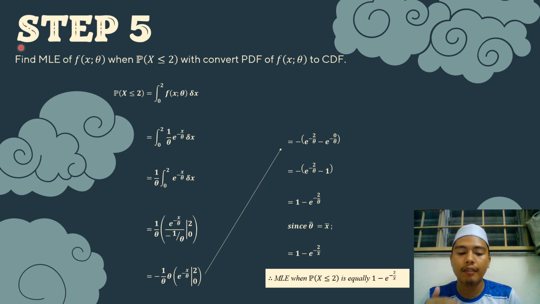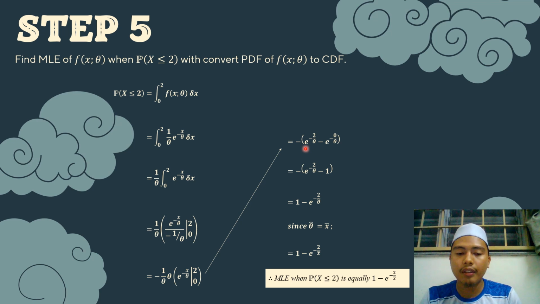After that we substitute the range of integration: negative bracket exponent power of negative 2 over theta minus exponent power of negative 0 over theta. Any power of 0 becomes 1, so the exponent power of negative 0 is equal to 1.